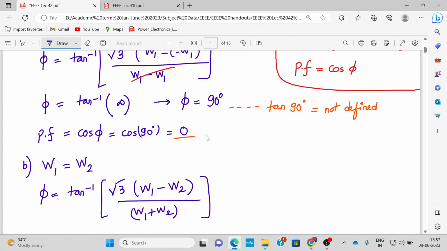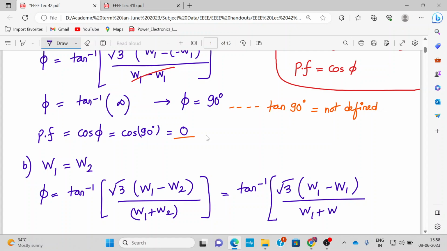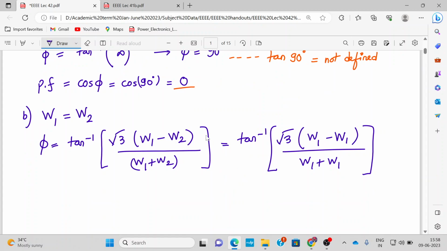So in this case, it will be tan inverse of root 3 times W1 minus W1 upon W1 plus W1. So in this case, tan inverse of 0. And if you find out in the calculator, your phi will be 0 degrees.